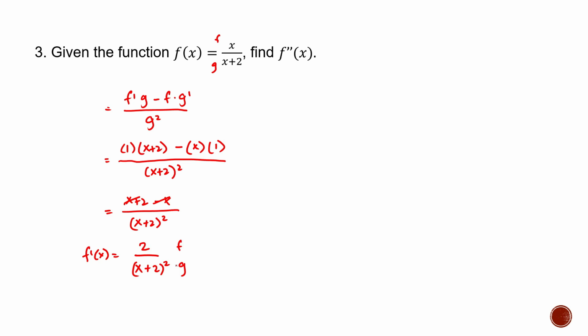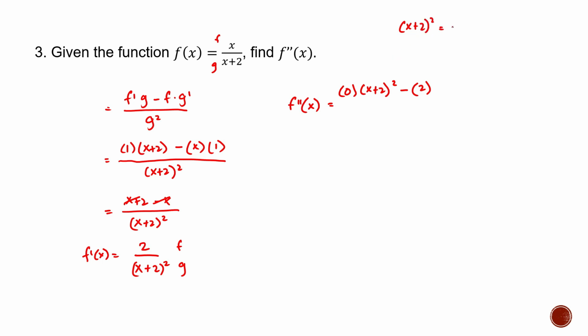And again, we will derive this to get the second derivative using the quotient rule again. So derivative of 2 is 0, and then x plus 2 squared minus 2 times. So for x plus 2 squared, we will use the chain rule. Just to remind you about this, I'll rewrite that on top.